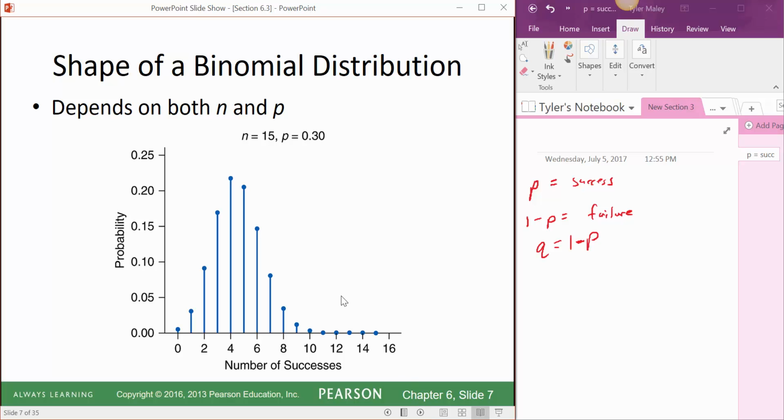Next I want to talk about the shape of a binomial distribution. The shape of a binomial distribution depends on n and p, where n is the number of trials and p is the probability of success at each trial. Here is an example of a binomial distribution where n is 15 and p is equal to 0.3.